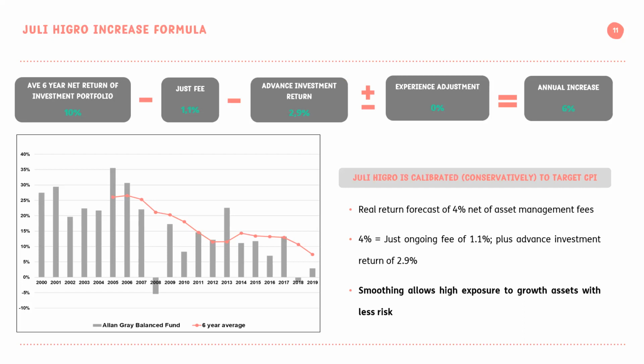So each year, before the client gets the increase, they must clear the hurdle of this 2.9%. So 2.9 plus 1.1 is 4, and if the Allan Gray Balance portfolio's 6-year average return is CPI plus 4, the increase will be 6, which is in line with CPI. So conservatively, we expect it to be in line with inflation, though of course it can be higher.